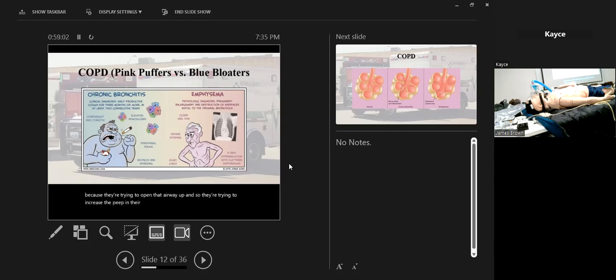So they're doing a lot of that. With the blue bloaters, these people are pretty much breathing normally, but you're going to see the discoloration, usually overweight, usually have the rhonchi and wheezing.